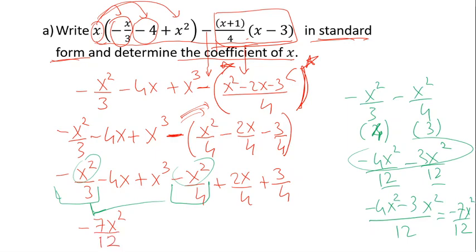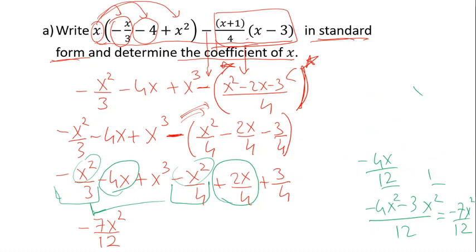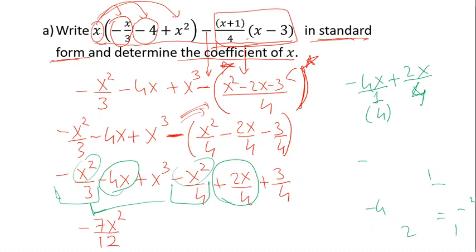Now, let's look at this term here, negative 4x plus 2x over 4, and let's do them here again. You can write it as a fraction, then multiply, and you will do the rest.